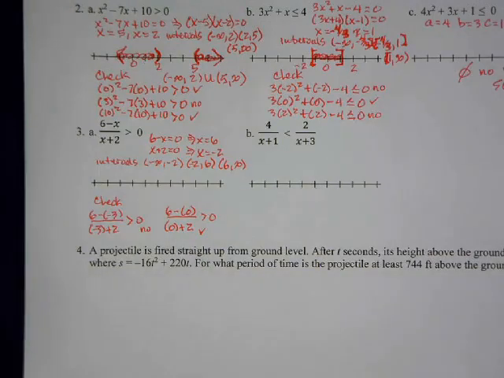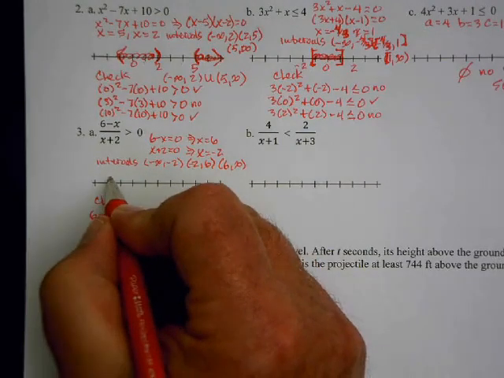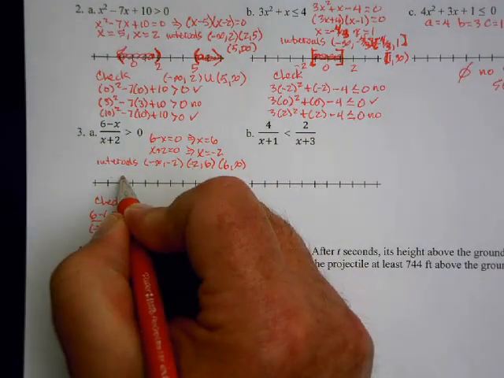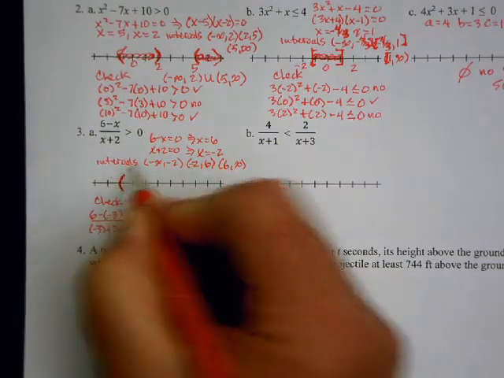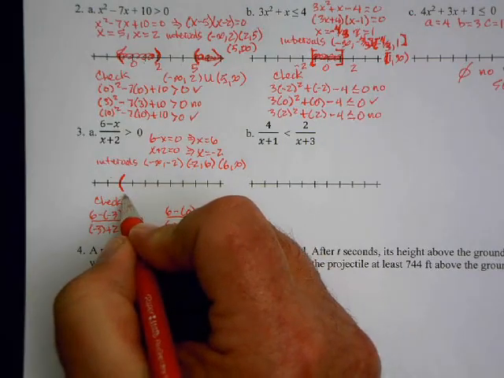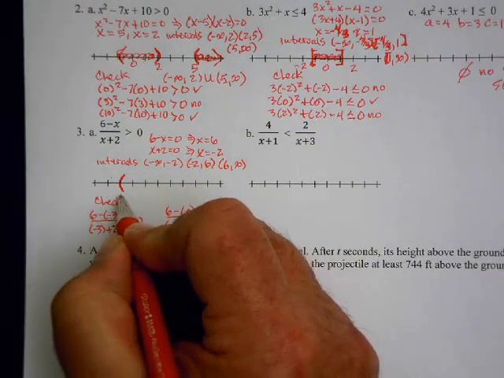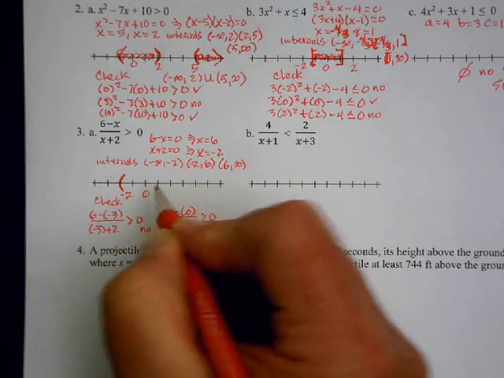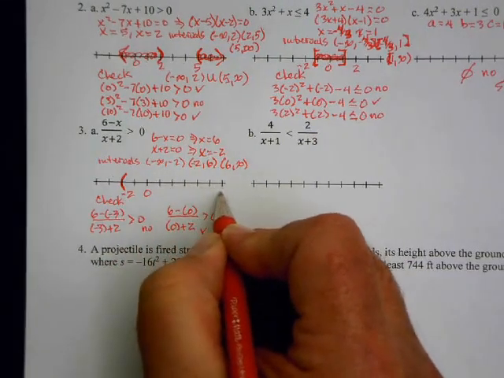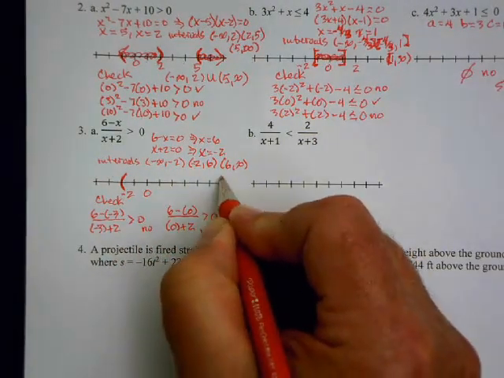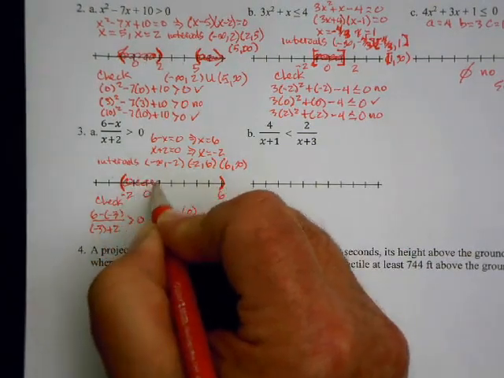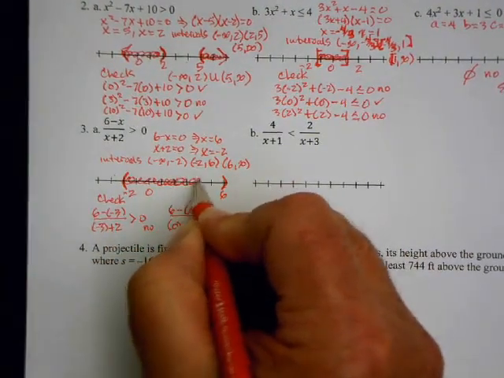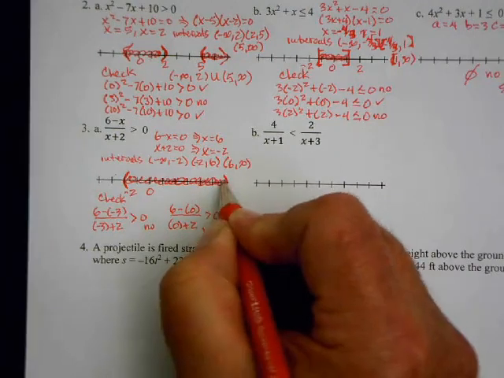So in this case, I can pick something like, say, here. And that's for the negative 2. So that's 0. That's 6. And so that one's going to have 1 in the middle. So no, even though we had a greater than, it still ended up in the middle for what was going to work.